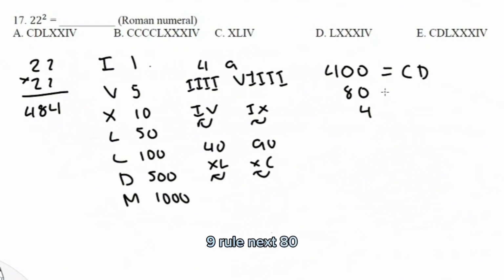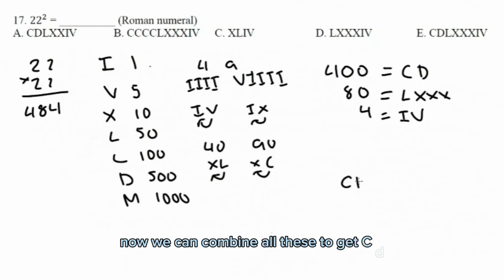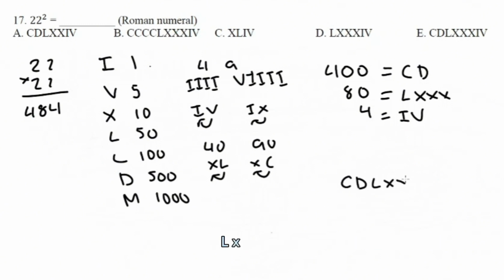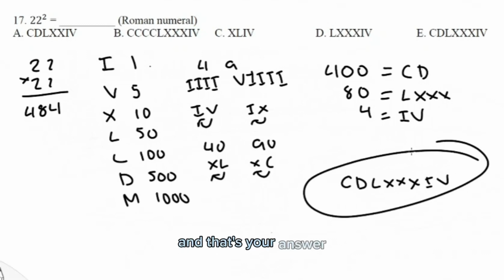Next, 80. 80 is equal to LXXX because it's 50 and then 10, 10, 10, which is 80. Next, 4. As we saw earlier, 4 is just IV. Alright, now we can combine all these to get CD, LXXX, IV, and that's your answer.